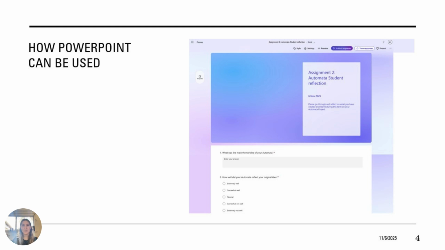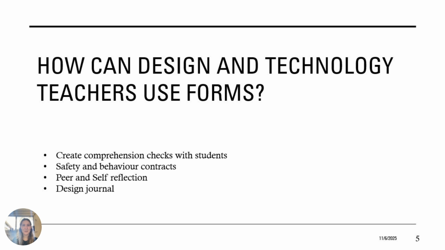So I made this one for an assignment where they've made an automata with different moving parts for their systems design unit. And you can see it starts off with, what is your main theme? What is your idea? And then the next one you can do a multiple choice of how do you think you went with that? Did you stick closely or not to that question? So you can vary your questions and see what the students are doing.